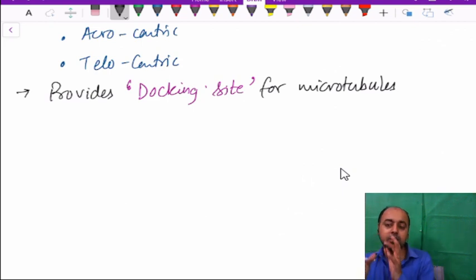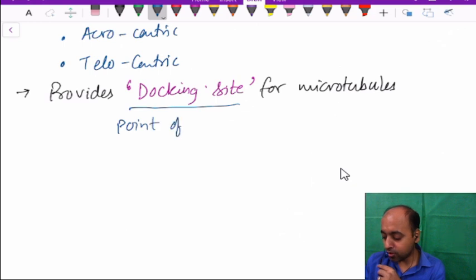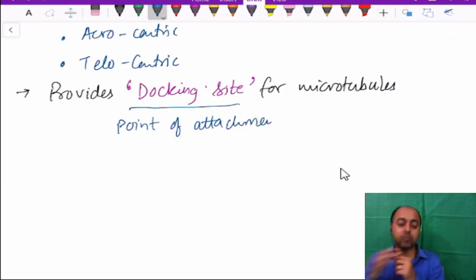The two chromatids are joined at the center, and they have to be separated. They have to be pulled and taken to the poles of the cell, which is done by the microtubule. So they have to attach somewhere. We call that point the docking site, or in simple words, the point of attachment. So the centromere provides the point of attachment for microtubules in cell division, which allows the two chromatids to reach the pole.